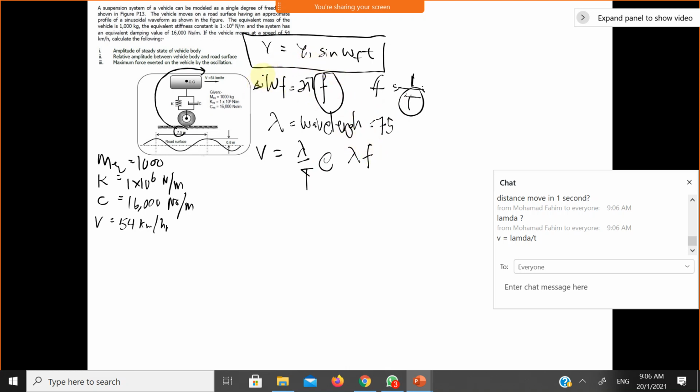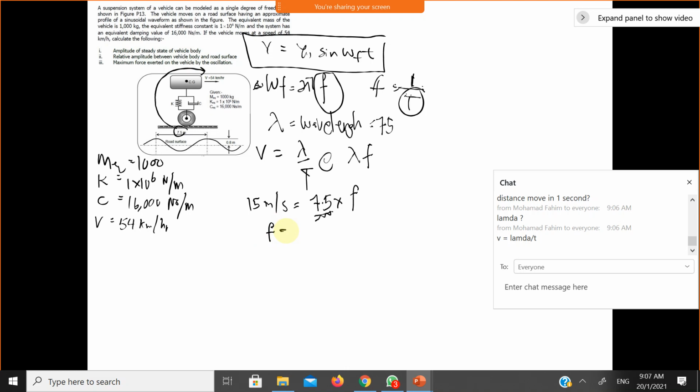Alright. So V is 54 km per hour. Then convert it to meter per second first. Then we have 15, isn't it? 15 meter per second equals to lambda is 7.5 darab dengan F frequency.